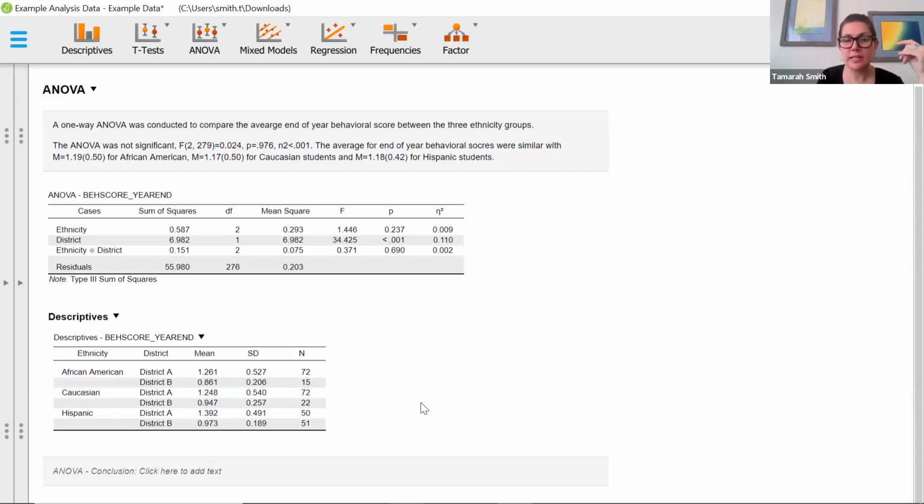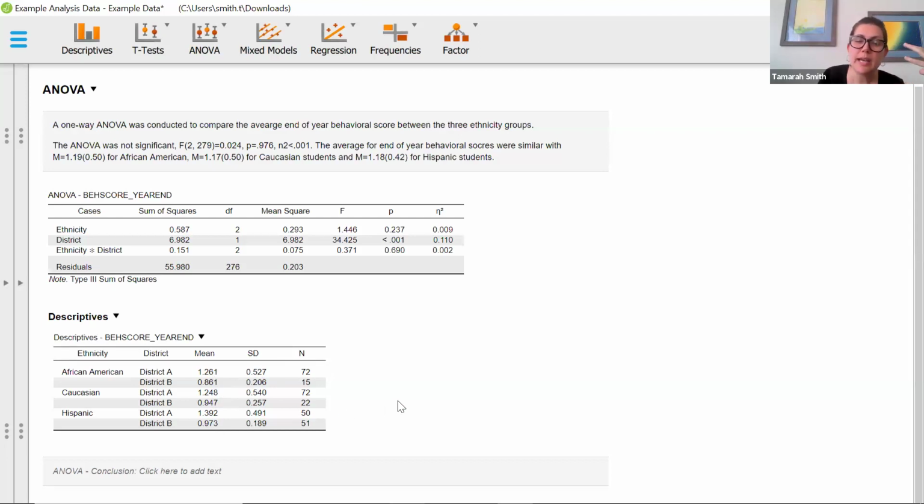So what are we seeing here? First of all, District A has higher behavioral scores than District B, and that's what this is telling us, right? And that's significantly so, which we can see. District A, they're all over 1.2. District B, they never break 1.0. They're ranging from 0.86 to 0.97, right?